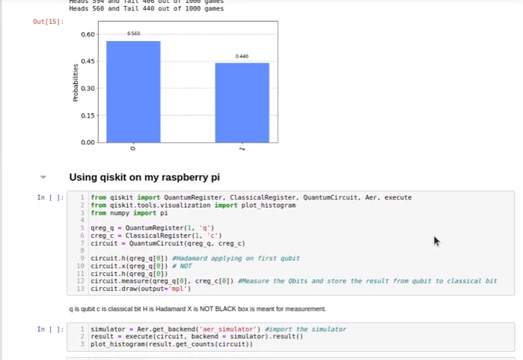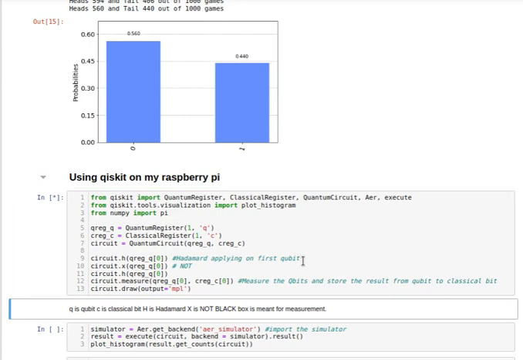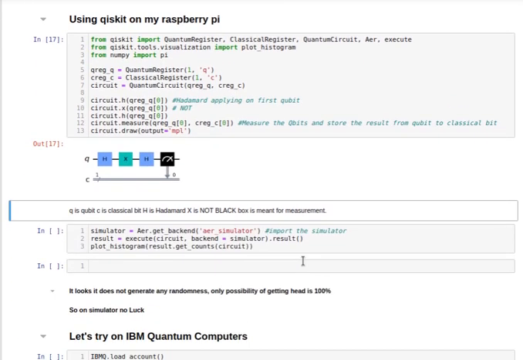Now let's do the same thing on a simulator with Qiskit. Okay, so this is a beautiful picture, a circuit. Q stands for qubit, H is your Hadamard gate, X is your gate, and measure.